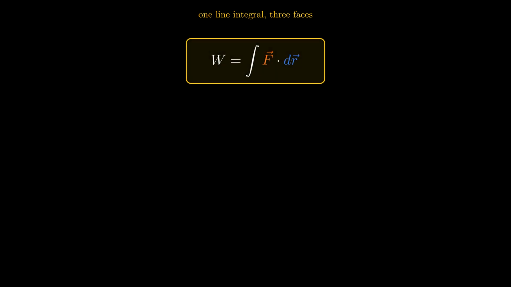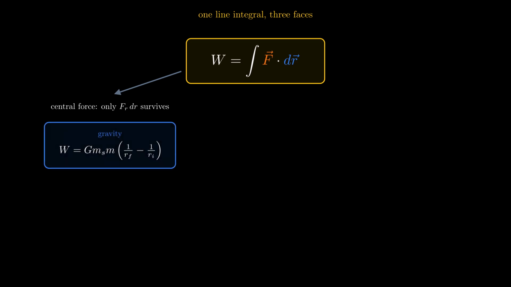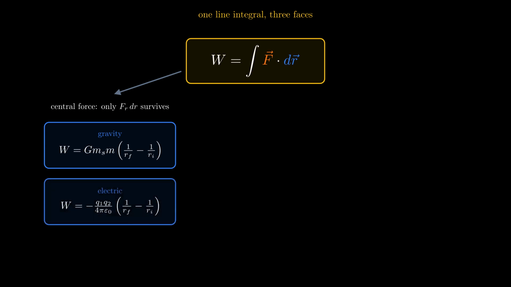Put the whole picture together. Work in 3 dimensions is a line integral, force dot displacement accumulated along the path. For a central inverse square force, the integral collapses to 1 dimension and evaluates in a single line. For the sun's gravity and for the Coulomb force alike. And in every natural motion, attraction pulling bodies together or repulsion driving them apart, the force does positive work.